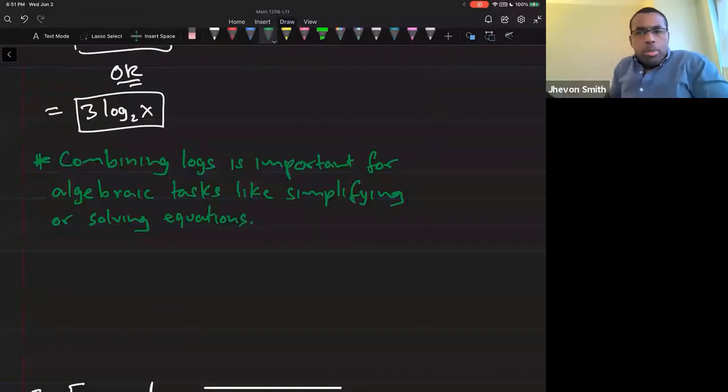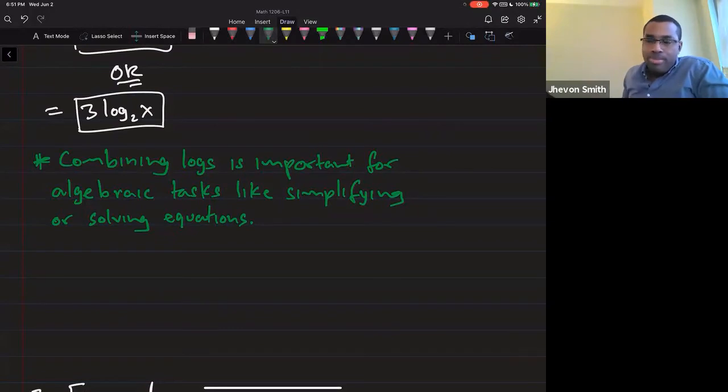So if your goal is to simplify something or solve an equation, then chances are if you have a bunch of logs spread out, it's not advantageous. You want to combine them. You want to make them smaller. And that's going to be very useful.